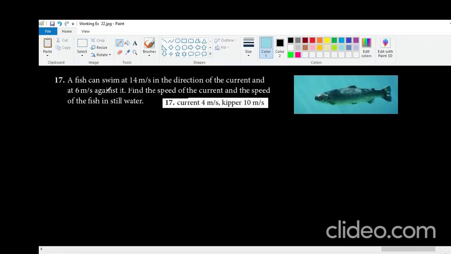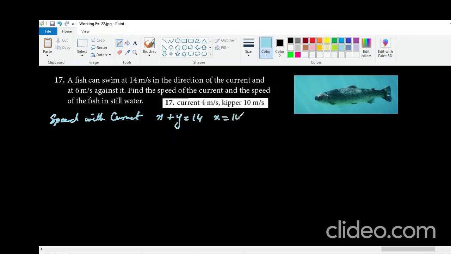Both the speeds are going to be added. So the speed with the current equation becomes x plus y equals 14, and that means that x will be equal to 14 minus y.